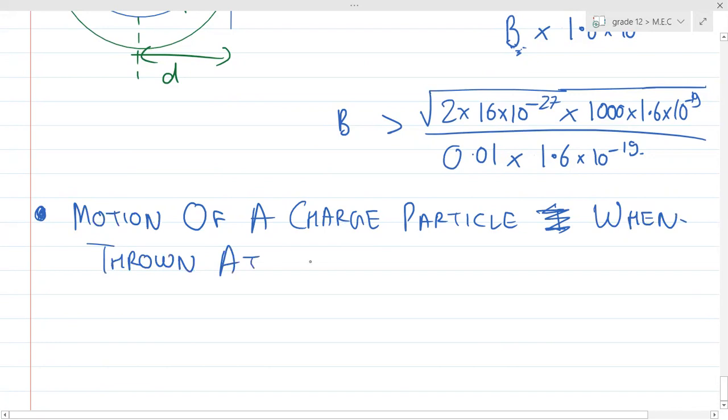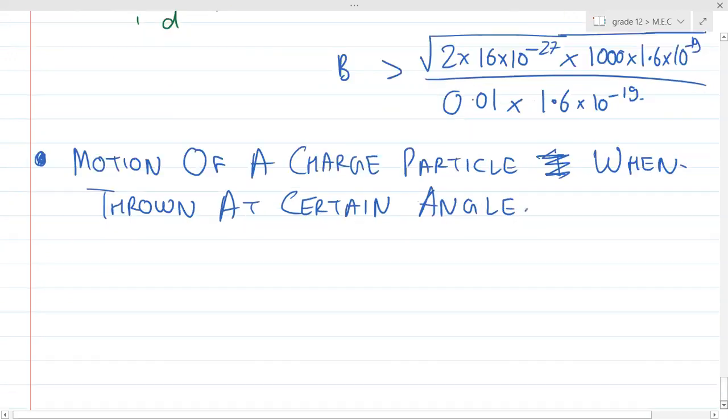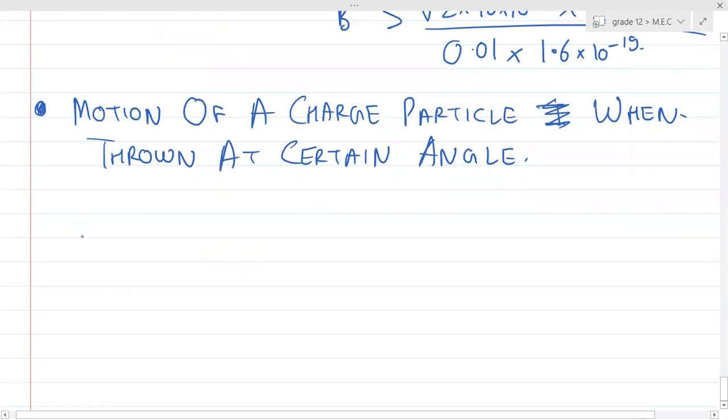See, when it was thrown at 90 degrees, you know what happens, right? It moves in a perfect circular path, right? When the angle is 90 degrees, you know it is a perfect circular path.